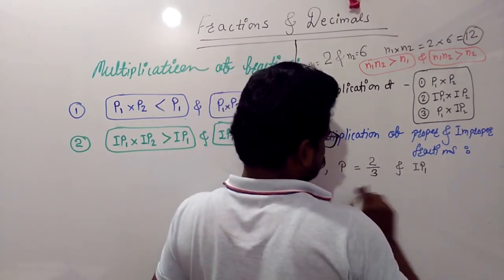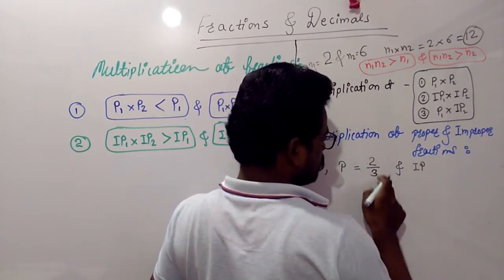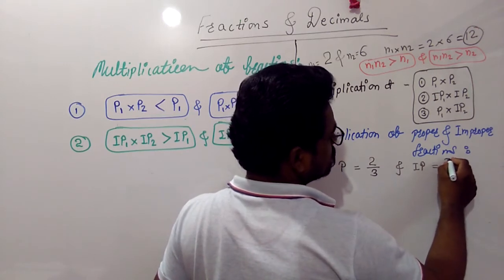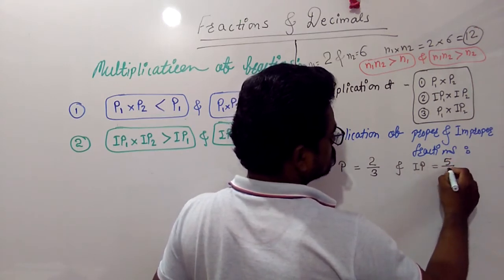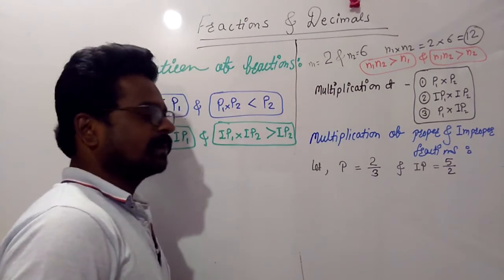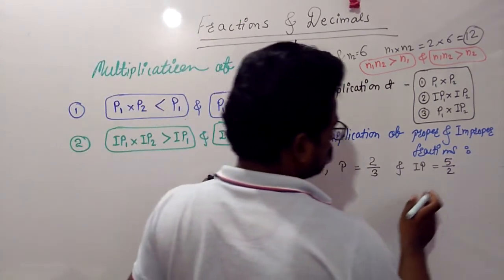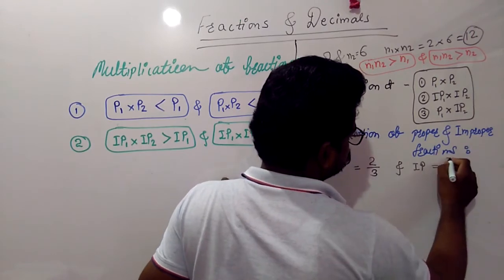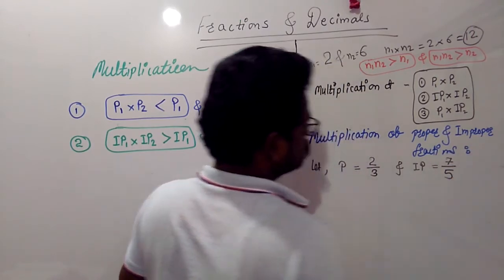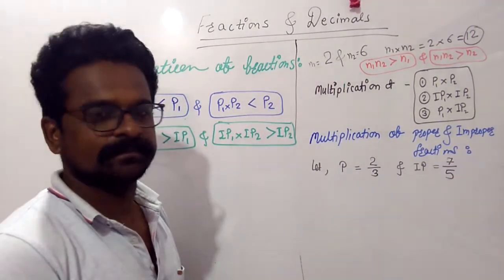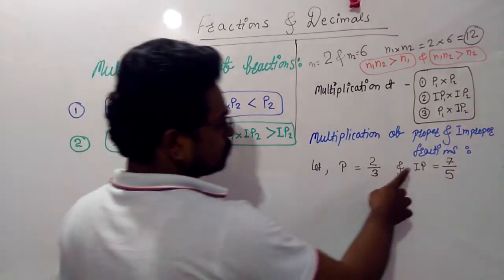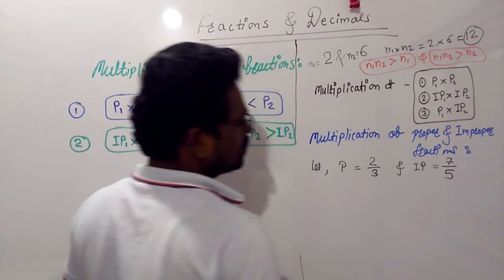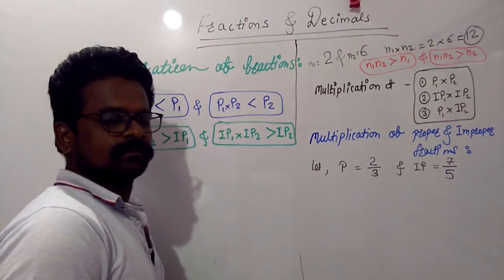Or we can just mention it as proper is 2 by 3 and improper is, suppose, 5 by 2. Or we'll take 5 by 4. We'll take 7 by 5. That will be better. So proper fraction is 2 by 3 and improper fraction is 7 by 5. No problem.